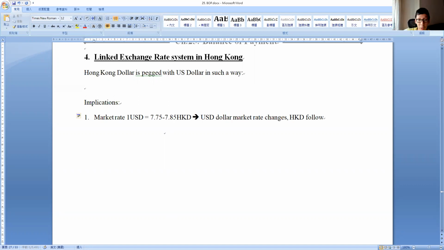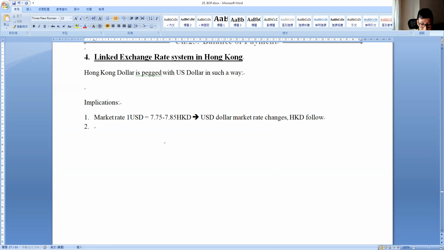Whenever USD changes, the rate may fall outside of this range. Once it falls outside of this range, the Hong Kong dollar will self-adjust. The reality becomes that we will follow the direction of the US dollar. The exchange rate, or sometimes the interest rate, we also follow that of the US dollar because of our linked exchange rate system. Now this is one.